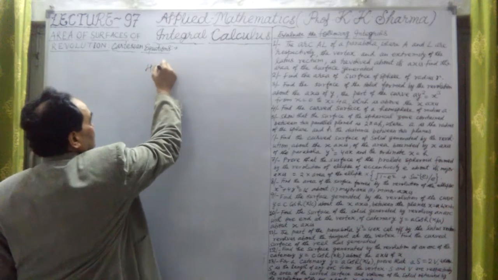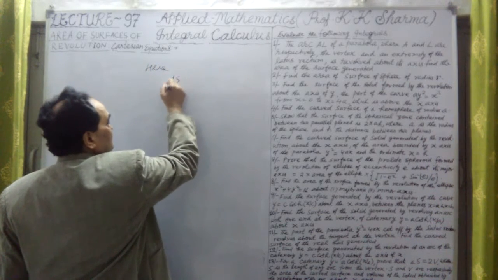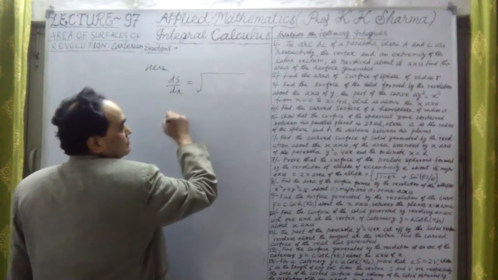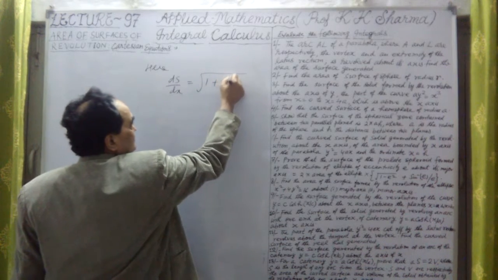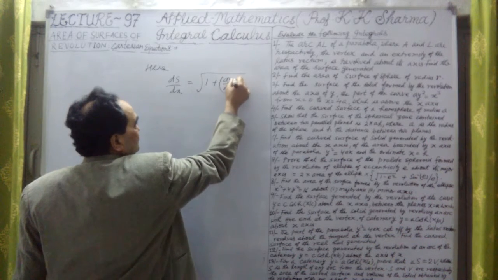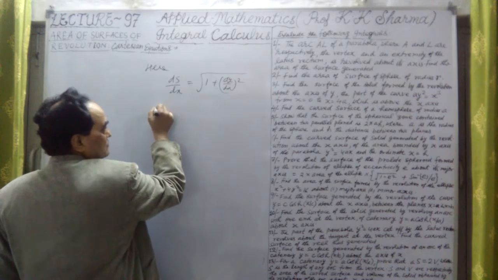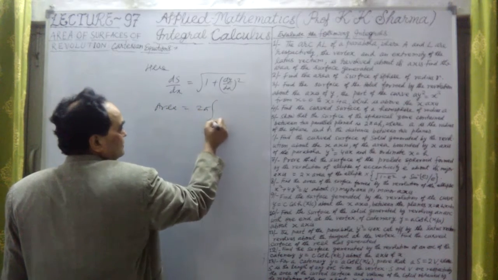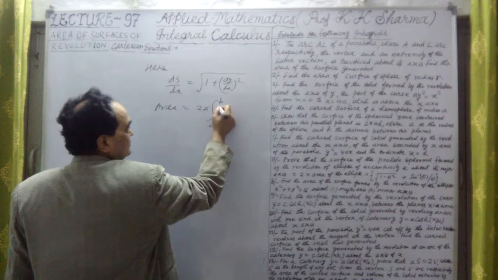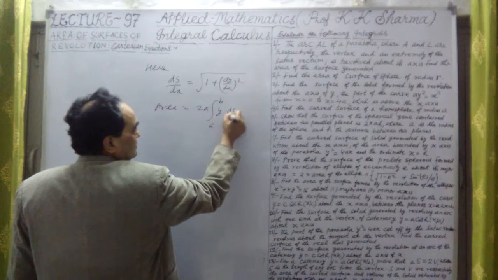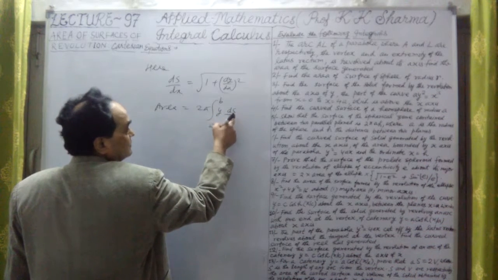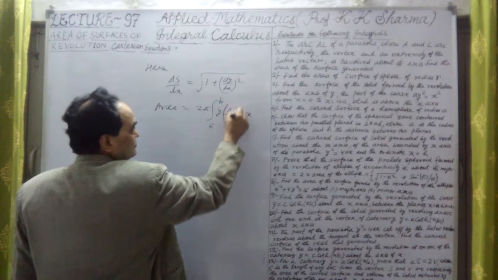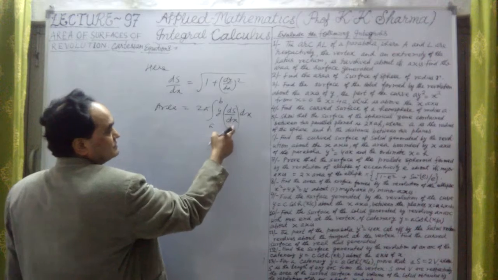ds upon dx is calculated like this: square root of 1 plus dy upon dx whole square. Therefore the area will be given by 2 pi integral from A to B of y into ds, where ds is ds upon dx into dx, and this value will be substituted here.